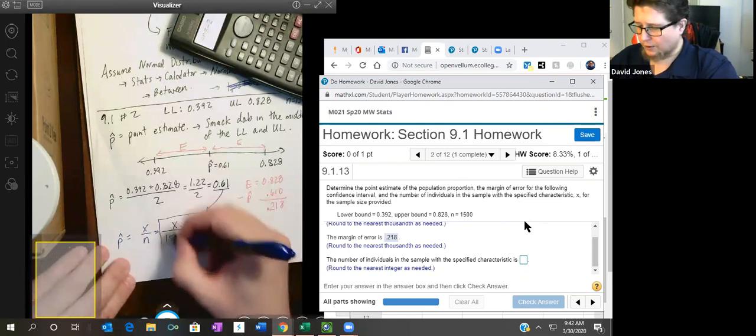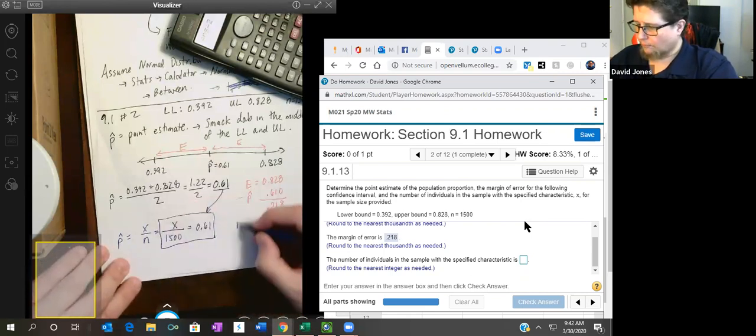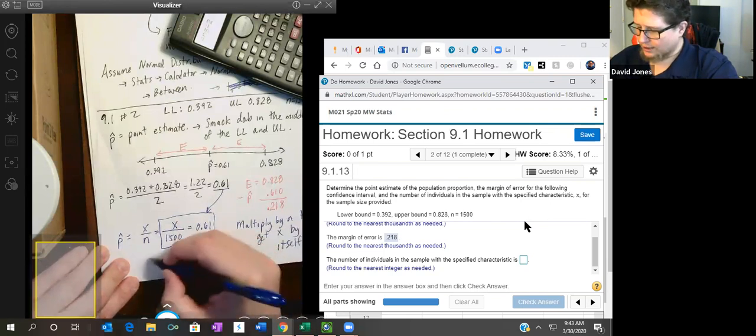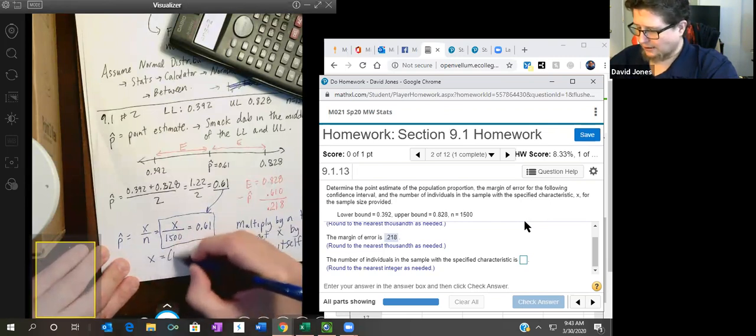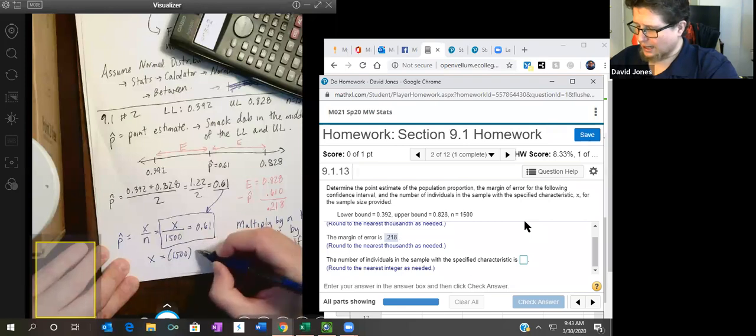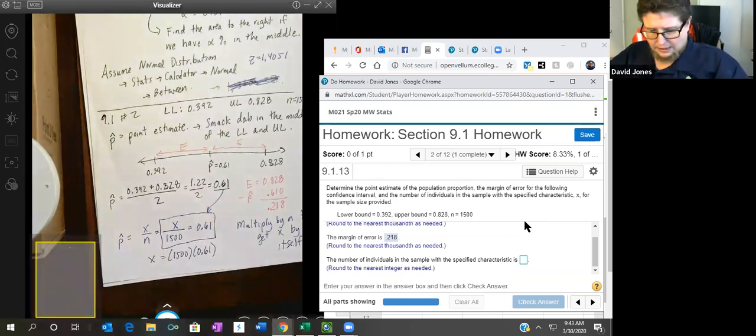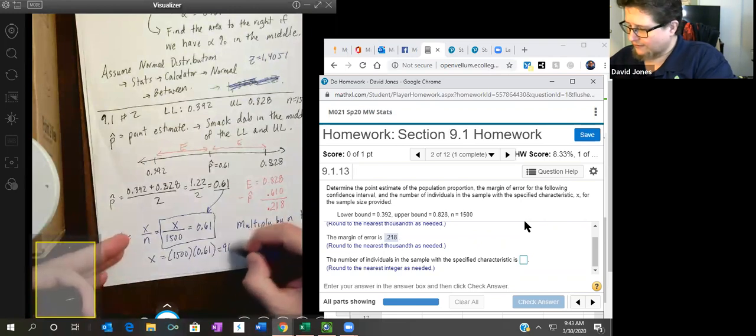This is an algebra equation. Multiply by n to get x by itself. I'll multiply both sides by 1500. That takes away the 1500 on the left. And 1500 times 0.61 is 915.